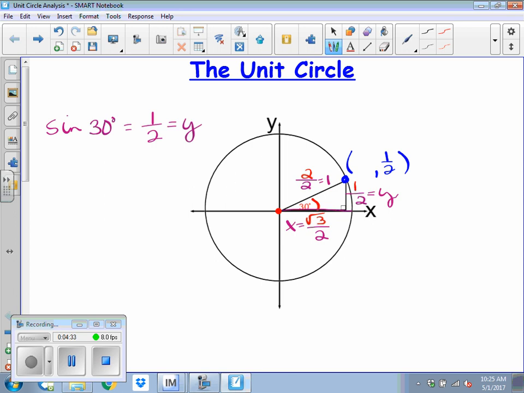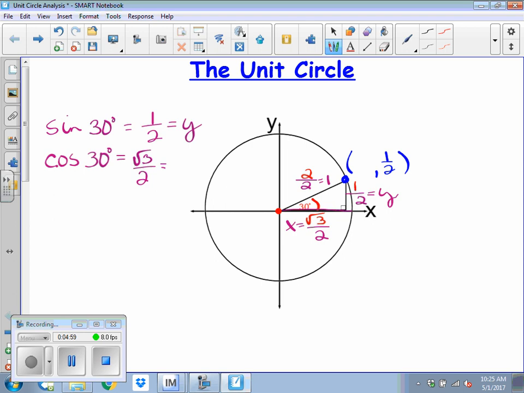Let's do cosine. We're not going to do tangent. We're only going to do sine and cosine. And so cosine of 30 degrees is what over what? Adjacent over hypotenuse. And my hypotenuse is just 1, so it ends up being just the adjacent. What's the adjacent? Square root of 3 over 2, which is what value?